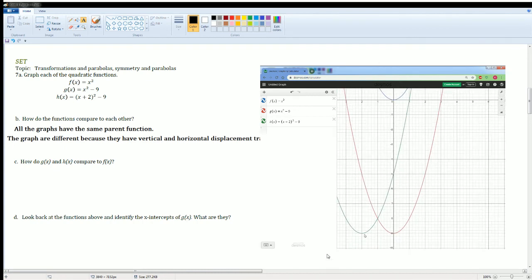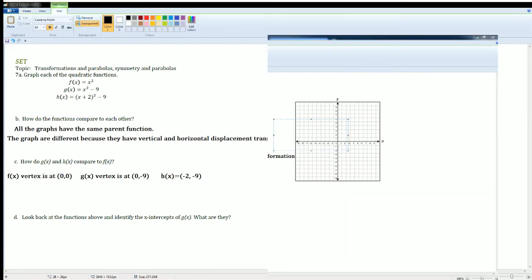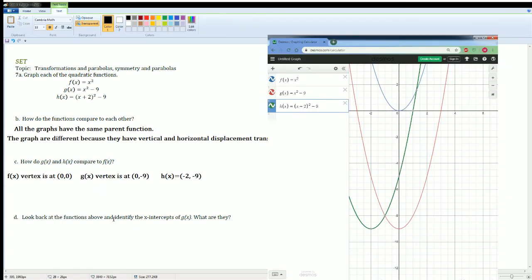Let me just give you the vertices. For the first one it is 0, 0. The second, the g of x, is 0, negative 9, and this one, which is the h of x, the vertex is negative 2, negative 9. That's what I just displayed to you, that the vertices are how they're different.